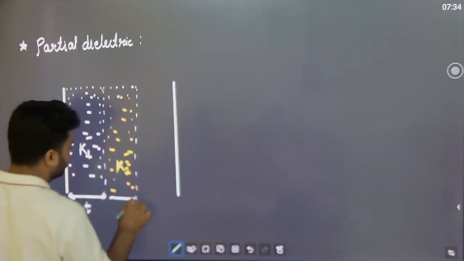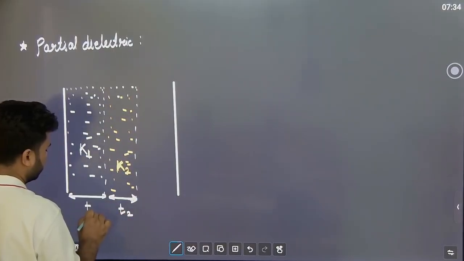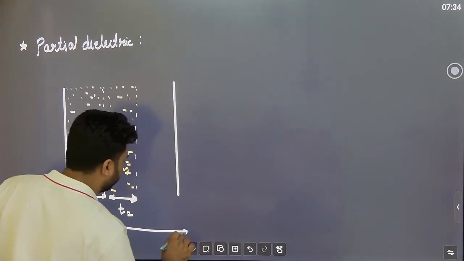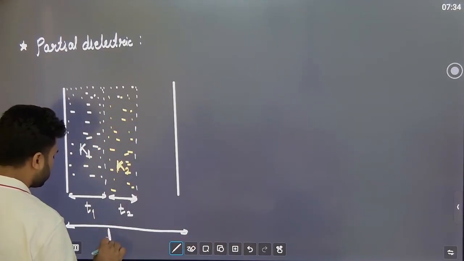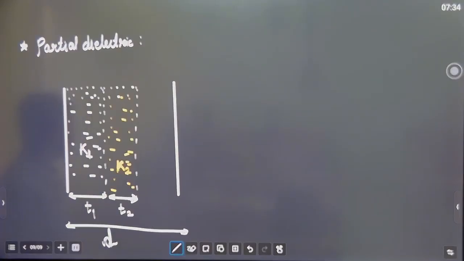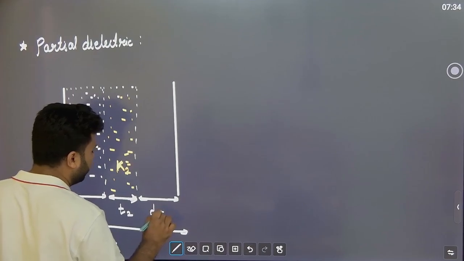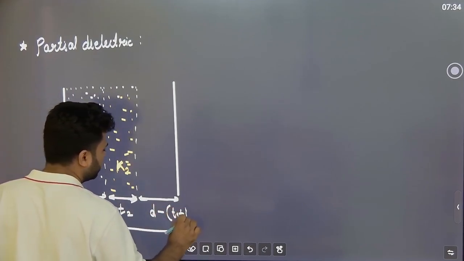This length was T2. This length was T1. Total distance between plates they give D. Correct. Achha, what will be the length of the remaining portion? Total is D minus this plus this, T1 plus T2.